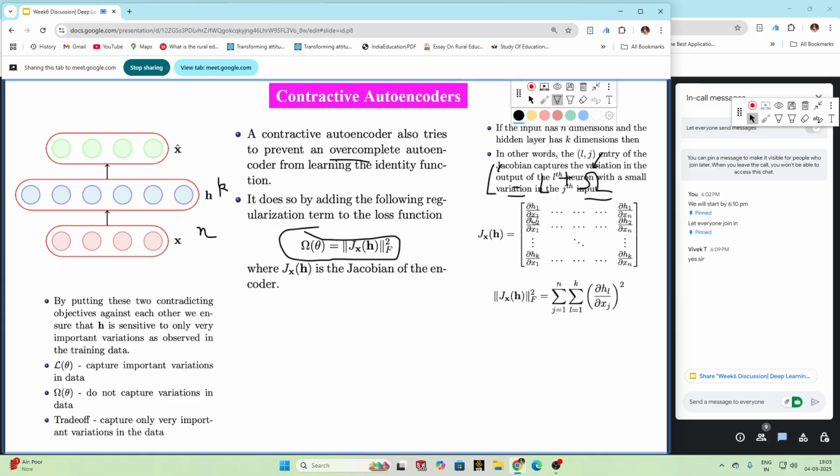Similarly, the second row will consist of h2: del h2 by del x1, del h2 by del x2, del h2 by del x3, up to del h2 by del xn. Similarly for the kth neuron, del hk by del x1, up to del hk by del xn.